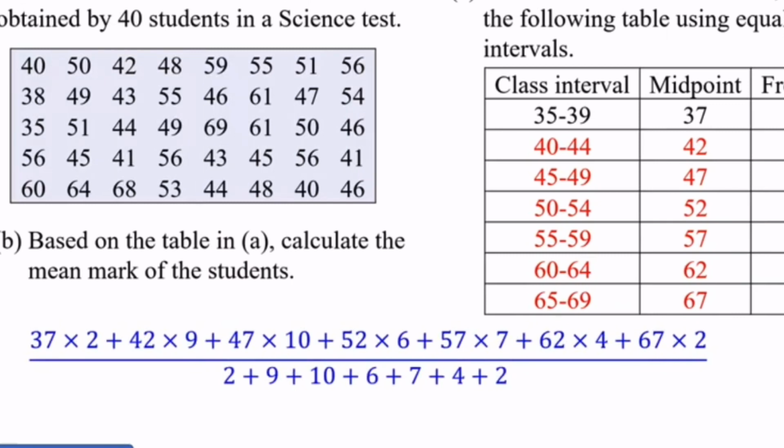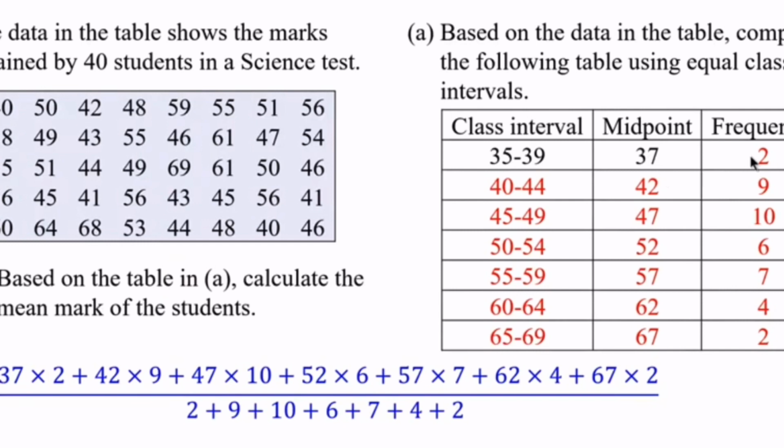Okay, 37 times 2 plus 42 times the frequency, and so on and so forth, over the total frequency. So make sure the midpoint and the frequency are precise, accurate. Alright, always double check your frequency and the midpoint.